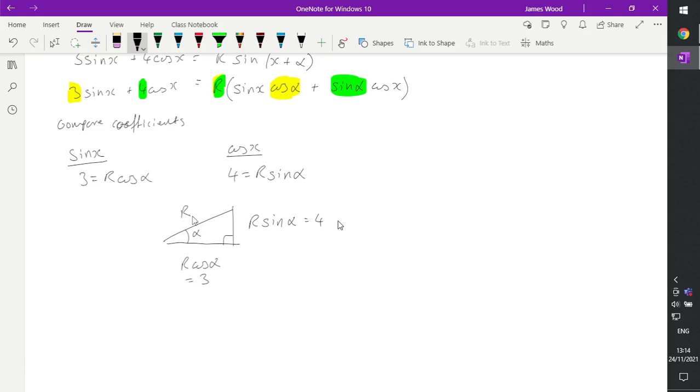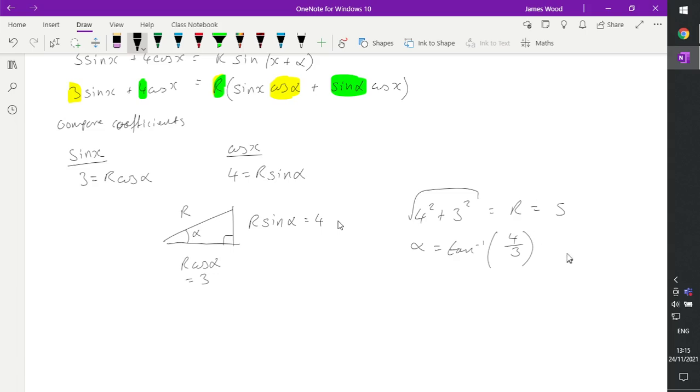So I can find r by just doing Pythagoras of the two sides. So that's going to be 5. And I can find alpha by doing inverse tan of opposite over adjacent. So that's going to be 4 over 3. And I could calculate what this is.